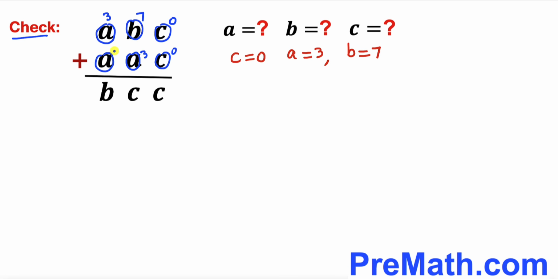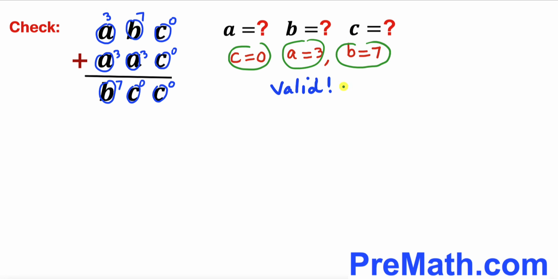If we add these numbers, we are supposed to get B equal to 7, C equal to 0, and C equal to 0. Indeed, if we add 370 and 30, we get 700. So we conclude that C equal to 0, A equal to 3, and B equal to 7 are our valid values.